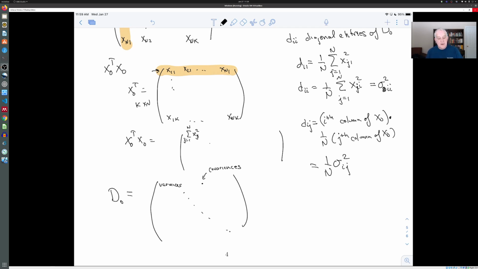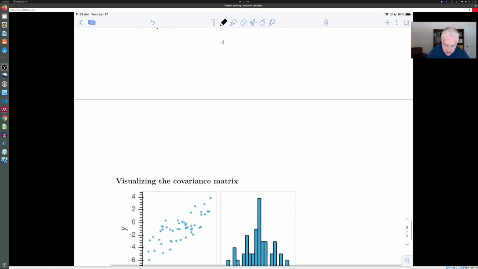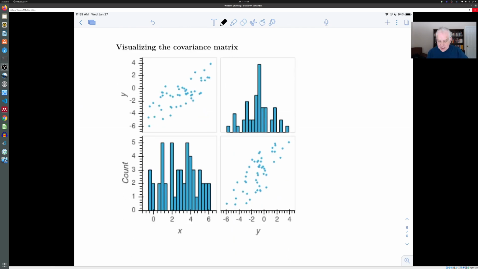So the covariance matrix contains all the information about the relationships between the columns of the data matrix, at least as far as that can be detected through the use of variances and covariances. And just to show you how you can visualize such a thing, this is an example of what's called a density grid plot. What we have here are 50 points in R2.